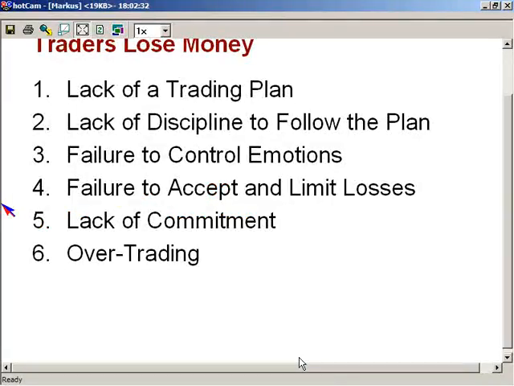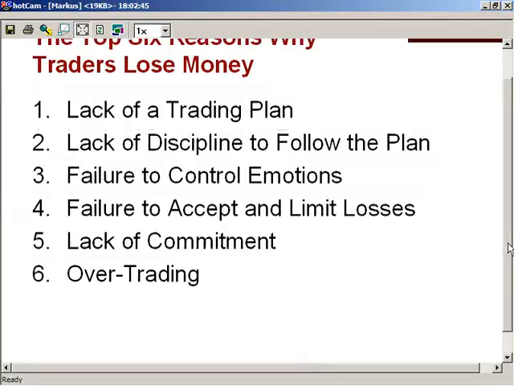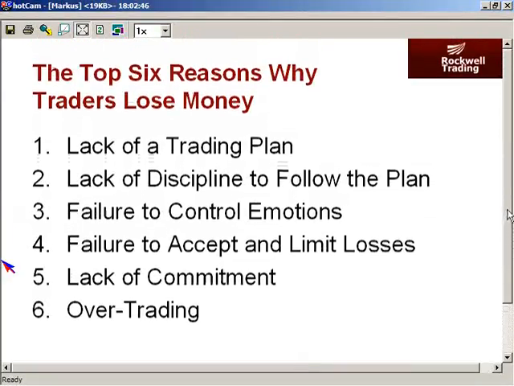What we did previously is talk about the top 6 reasons why traders lose money, and here they are. The lack of a trading plan, the lack of discipline to actually follow the trading plan, the failure to control emotions. Emotions are so huge when it comes to trading.